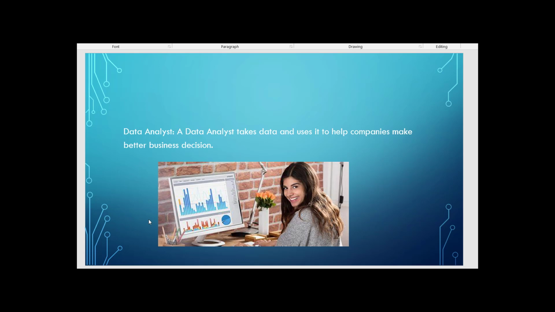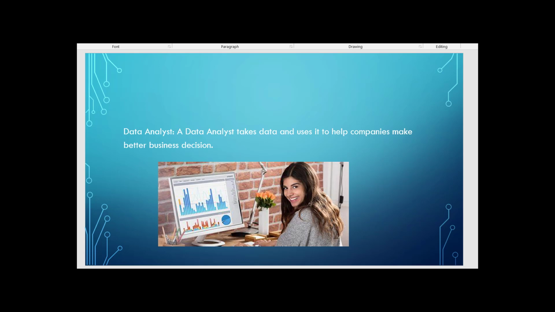A data analyst takes data and uses it to help a company make better business decisions. Exactly, they take data, analyze it, interpret it, and finalize a comprehensive report. Most entry-level professionals start their career as a data analyst. All you need is a bachelor's degree and a strong knowledge of mathematics and statistics.